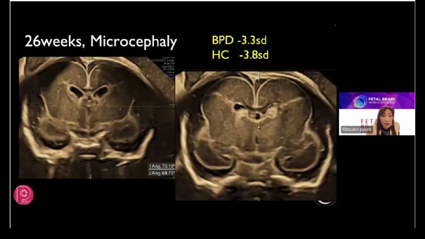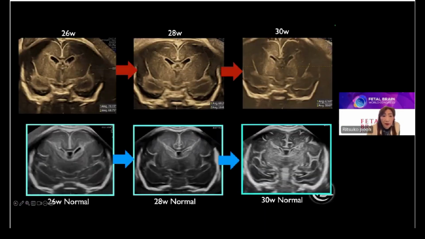And lastly, this is a case at 26 weeks of gestation, with microcephaly, BPD minus 3.3 and HC minus 3.8 standard deviations, and very abnormal Sylvian fissure, and the brain development was extremely slow.